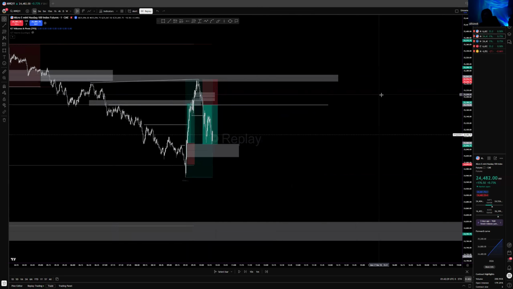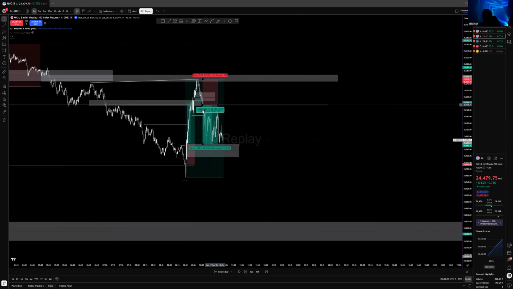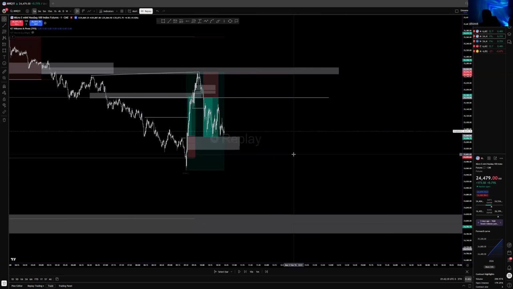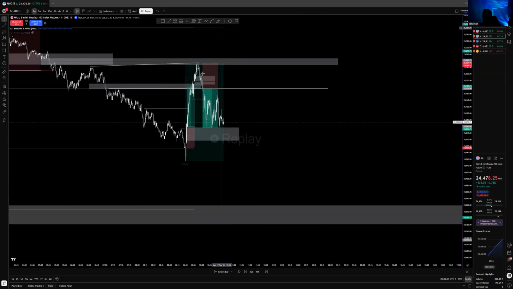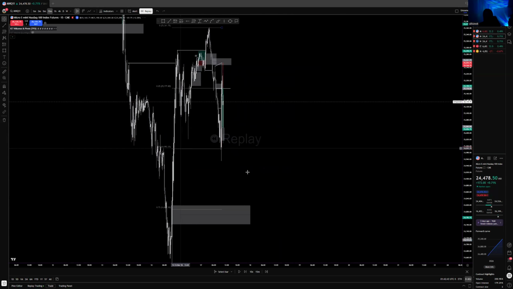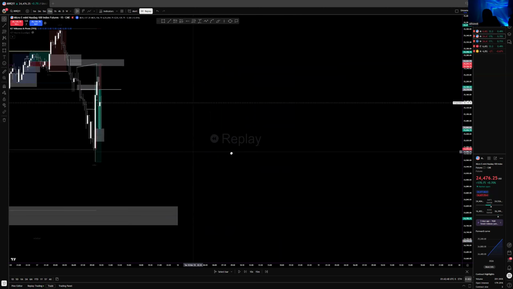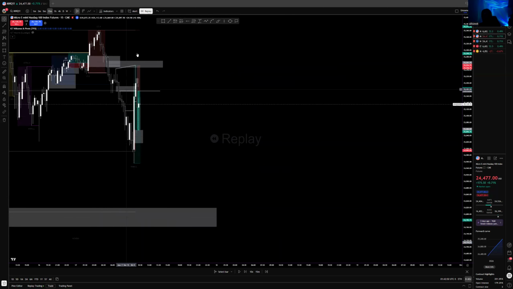So that's right. Now we got nothing after that. Basically, you don't get stopped out, you break even. I was expecting the price to come back down till here. That was the initial goal, but this buy entry is just a pullback to sweep out the liquidity and rebalance the inefficiency.